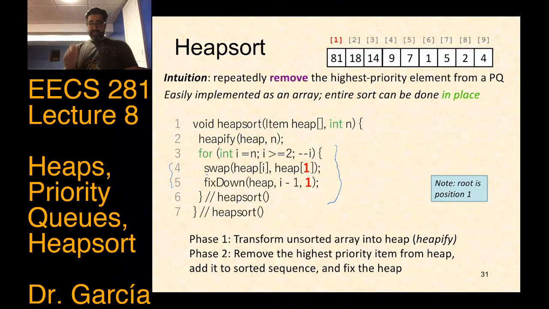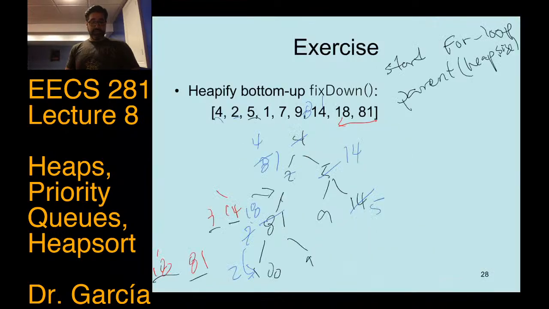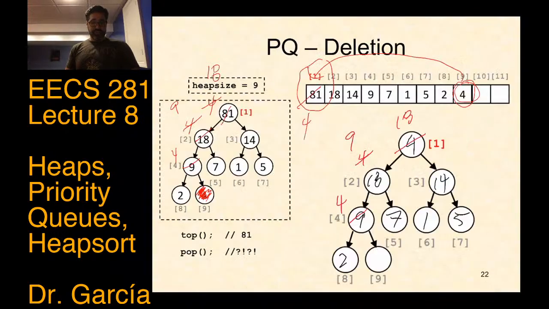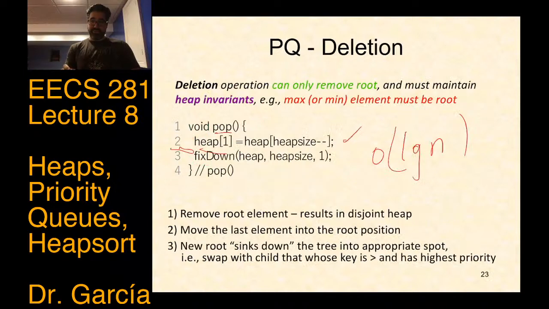So maybe this is an easier way to interpret it. I'm going to go back to the slide on deleting from a priority queue. Here it is.